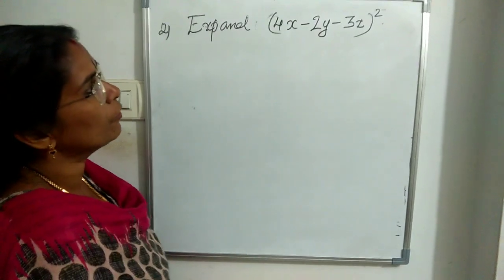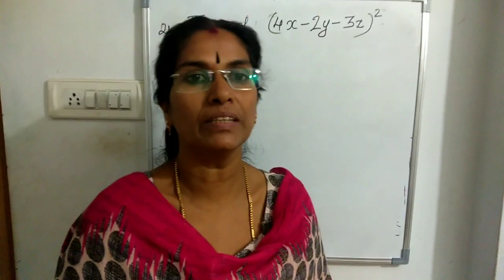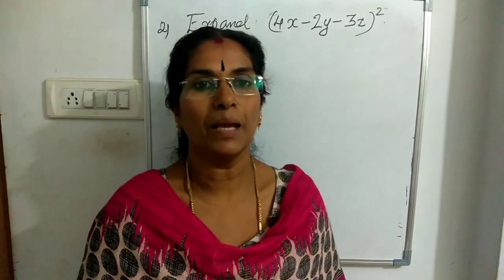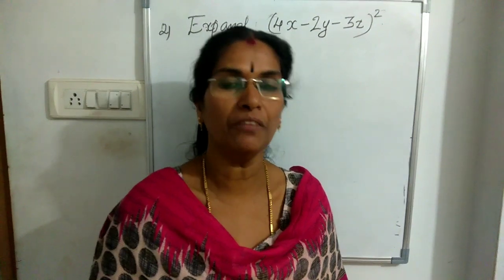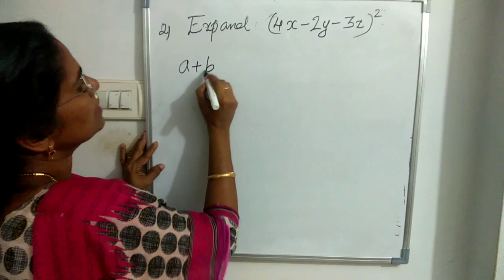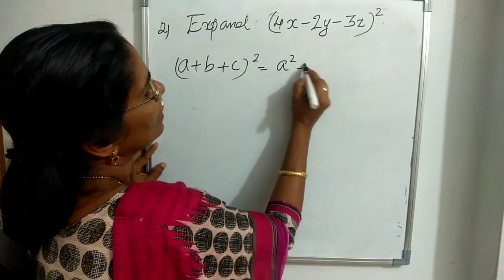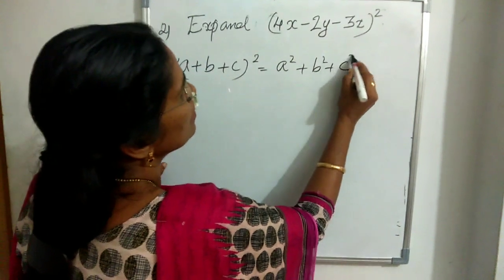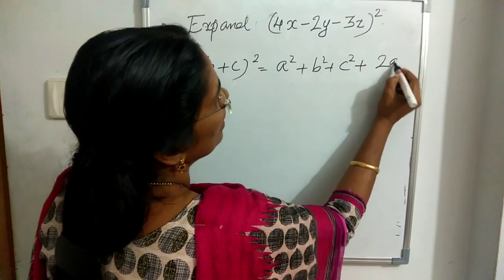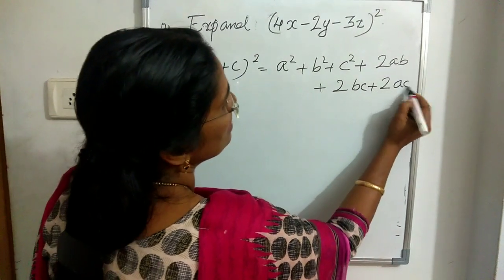Our second question. Expand (4x - 2y - 3z) whole square. Here also there are 3 terms, so we can use the (a + b + c) whole square identity. First we write the identity: (a + b + c) whole square is equal to a square plus b square plus c square plus 2ab plus 2bc plus 2ac.